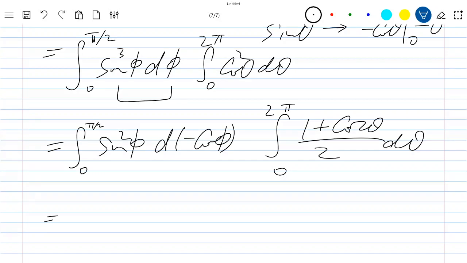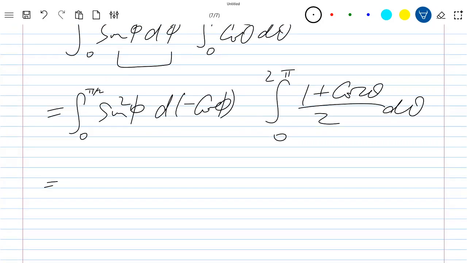Alright, so what do we have now? You write down this as 1 minus cosine phi square, right? Then switch, this one move here, so it becomes cosine phi square minus 1, right?